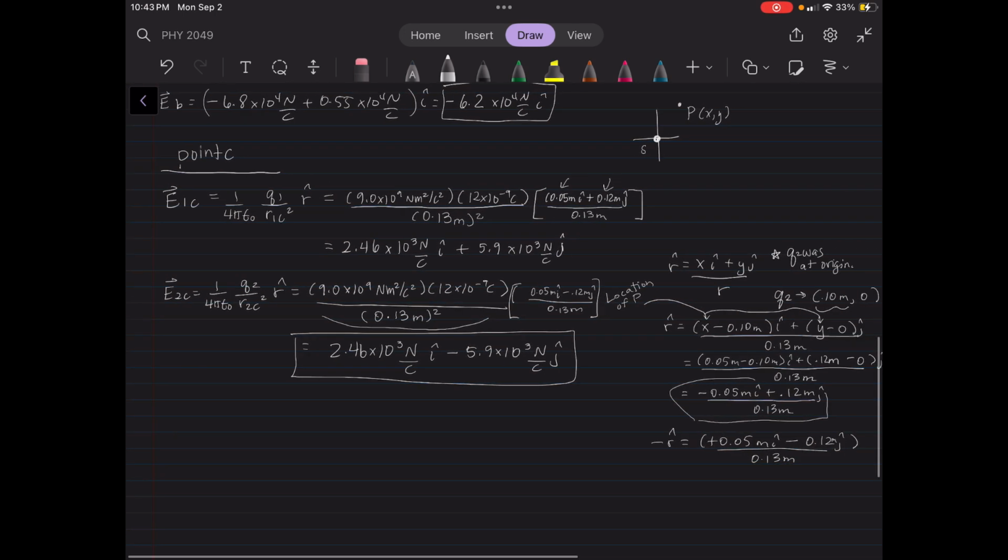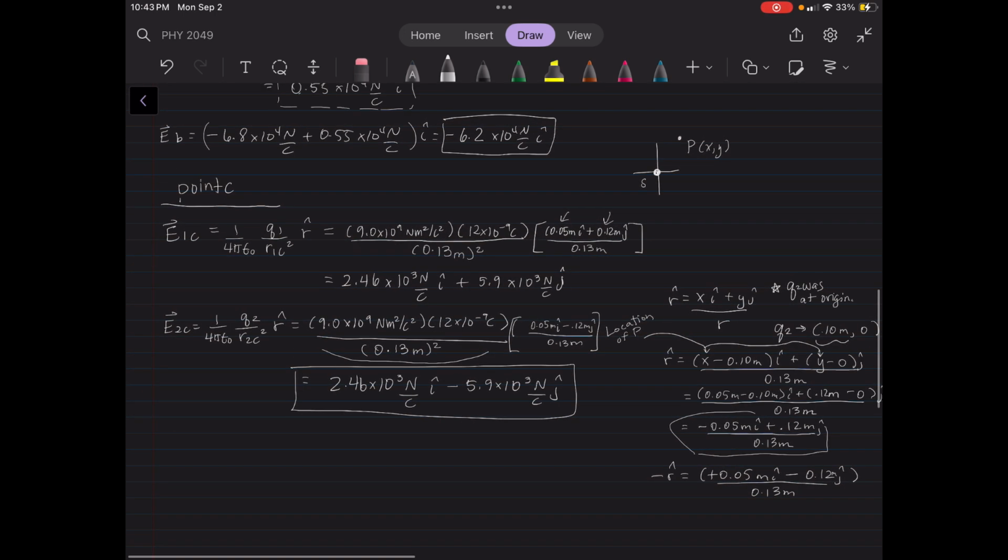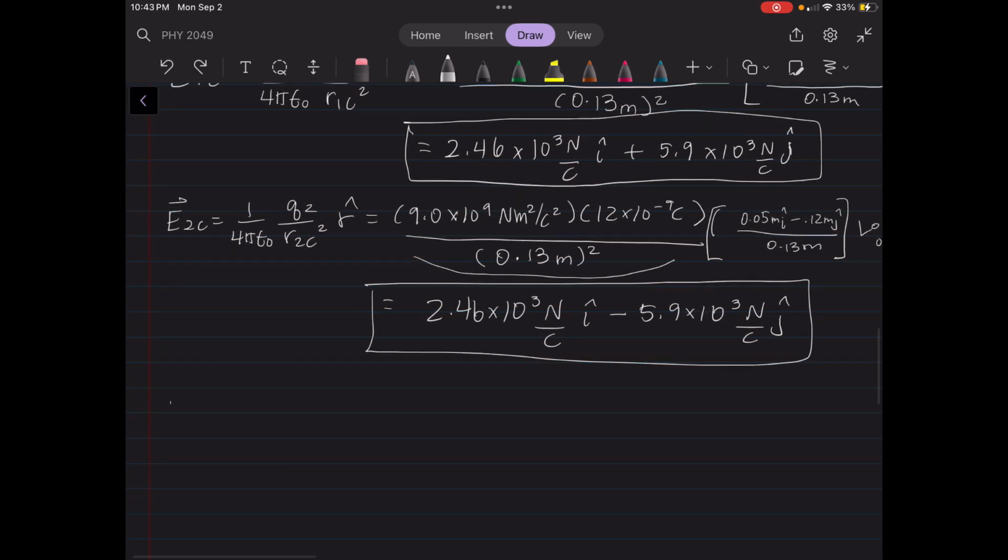And so finally, what we need to do is add those two together to get the total electric field at point C. Take a look at the X directions, just add together.